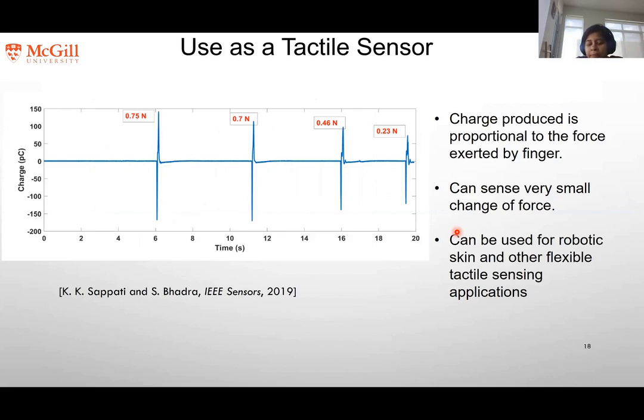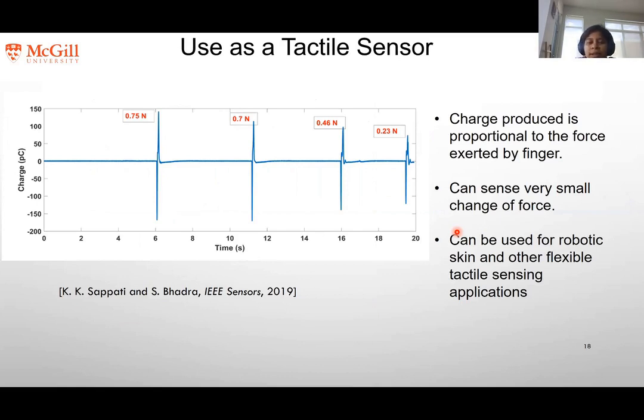Apart from using this later on for acoustic sensors, we also wanted to see, because this is a very nice flexible film, if we can even use it as a tactile sensor. So we took the film, we printed electrodes, the same way that we did the sandwiching between two printed electrodes.